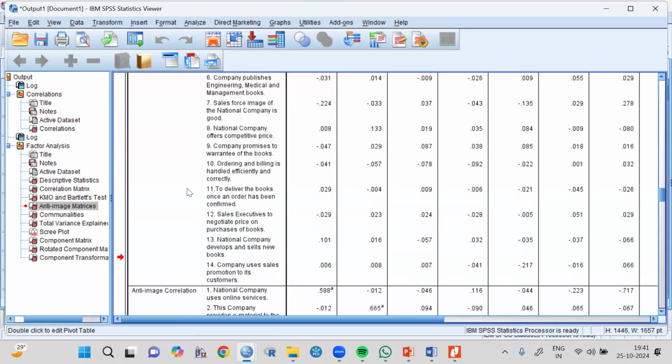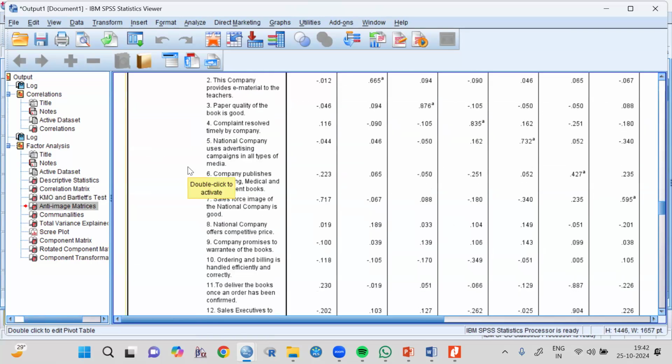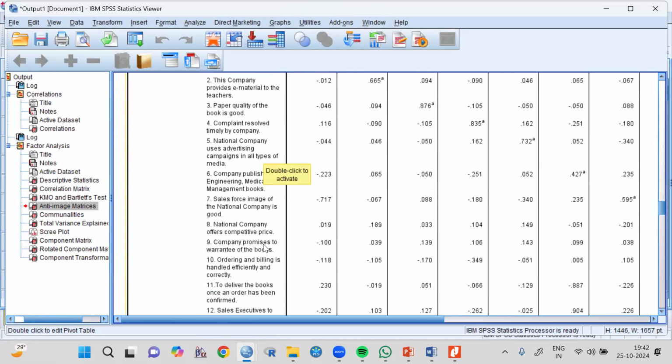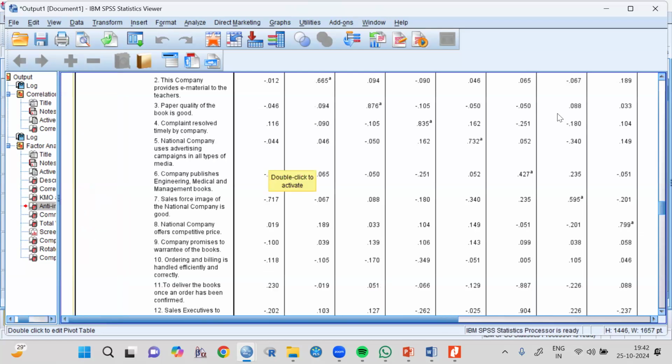covariance. This is my anti-image covariance. In this table, we will check whether all the MSA values are greater than 0.5 or not. MSA means measures of sampling adequacy.